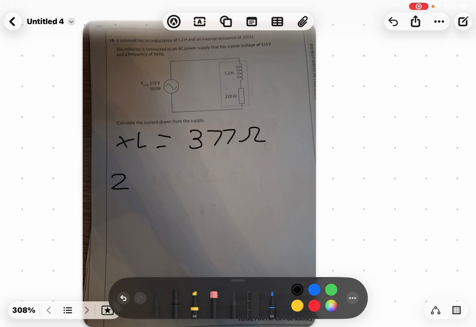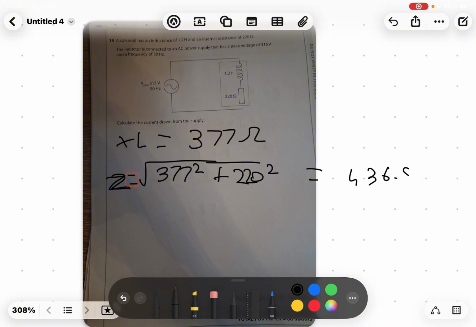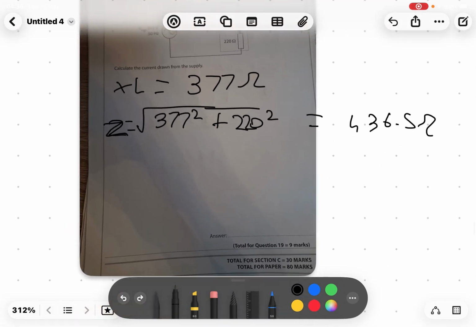After that we calculate the total impedance, which equals the square root, this is Z by the way, of 377 squared plus 220 squared, and this equals 436.5 ohms. So now we need to calculate the voltage on its own. The voltage equals V peak divided by, let me just write it.